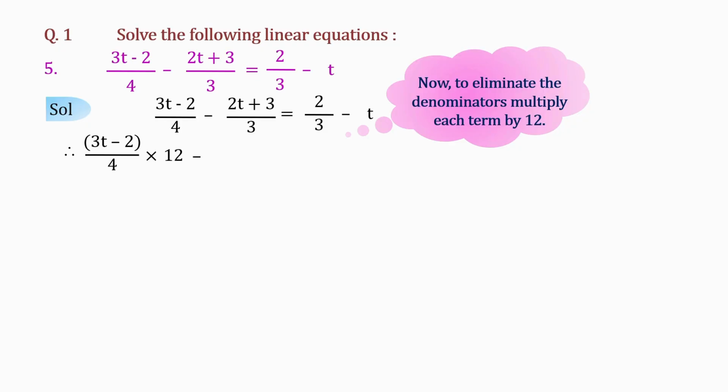Now to eliminate the denominators, multiply each term with 12. Basically what we are doing is multiplying each term with the LCM. That is another way: whatever LCM we got, we just multiply that LCM value with all the terms.